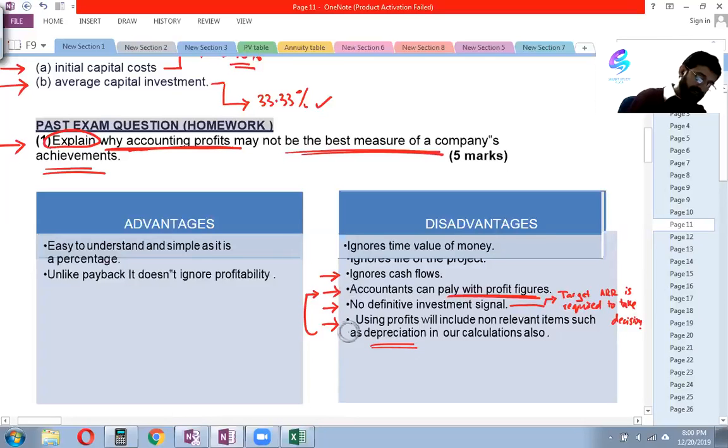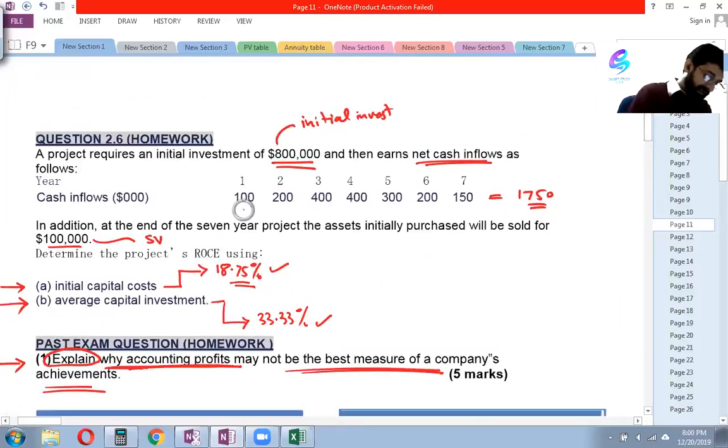So these are the disadvantages, and apart from that, the first disadvantage that we have seen before also in payback period, that it ignores the time value of money. It ignores the fact that this 100,000 or this 200,000 and this 200,000 are in different time periods and they have different values.